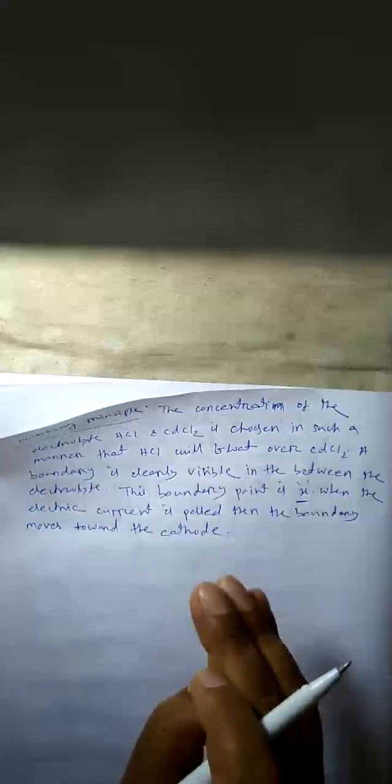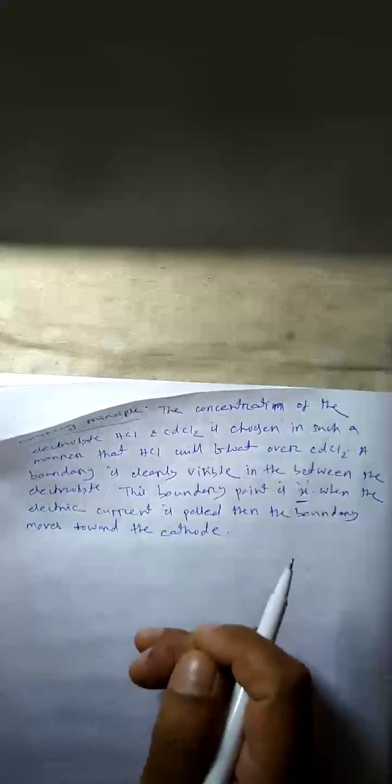So when a small amount of current is passed, or when we make the switch on, the visible boundary, that means point x, moves upward towards the cathode up to point y. Up to this point this boundary will move. That means the boundary moves towards the cathode.